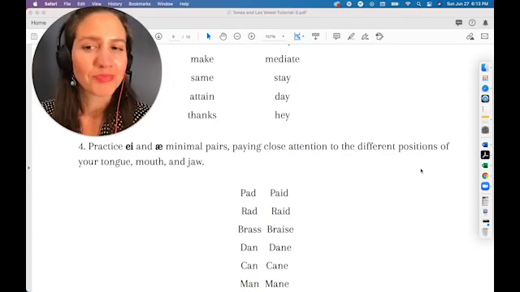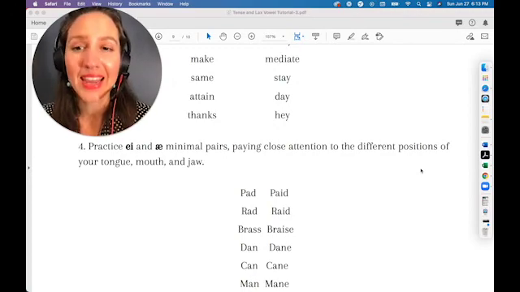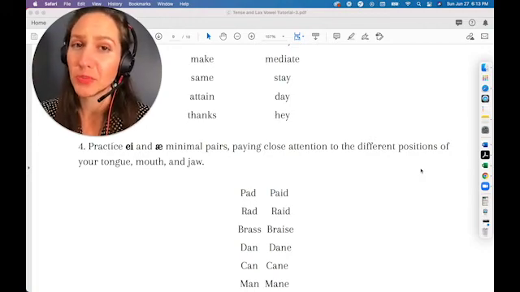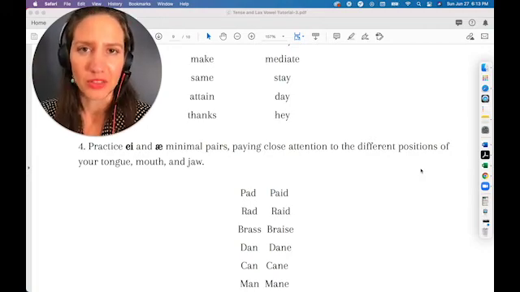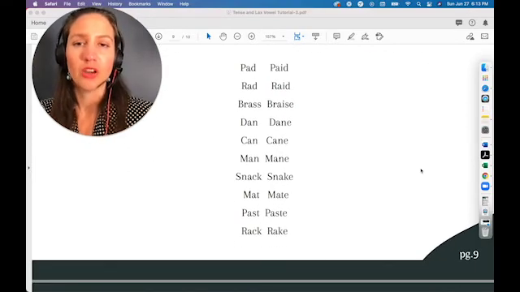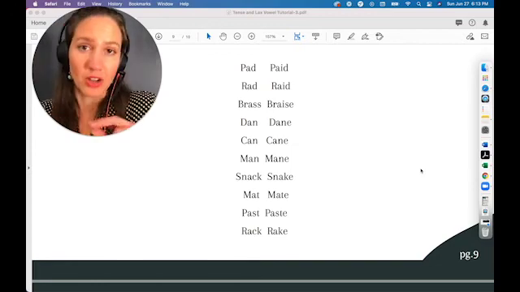Number 4, practice A and A minimal pairs, paying close attention to the different positions of your tongue, mouth, and jaw. For this exercise, we're going to be going across.